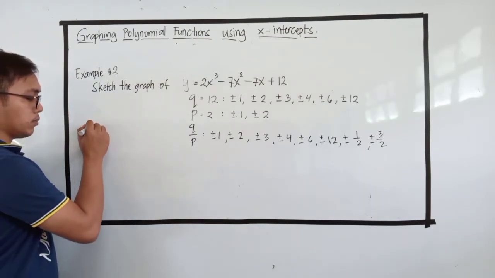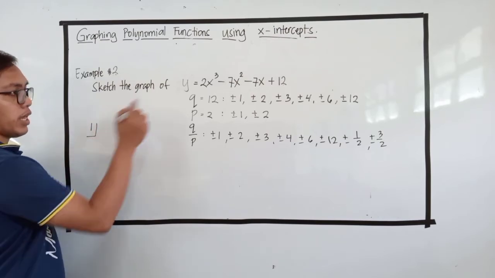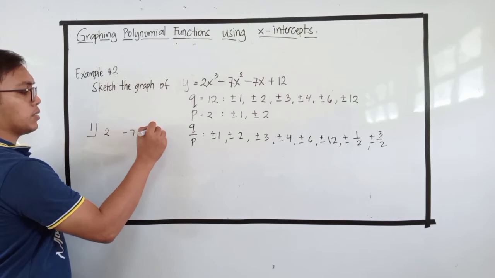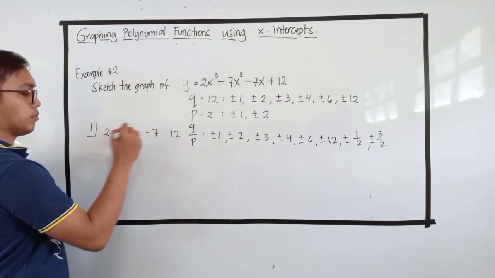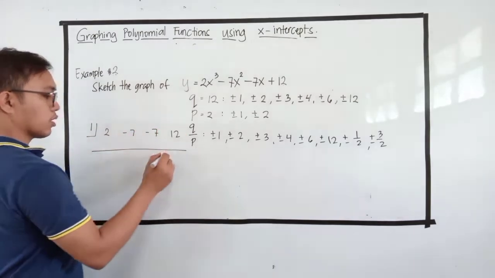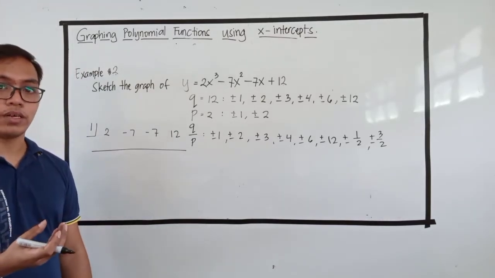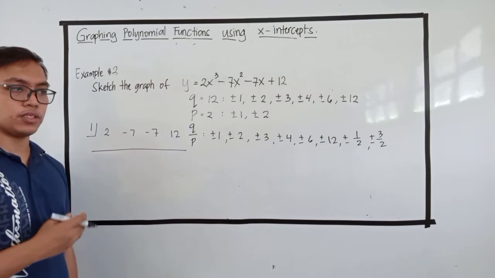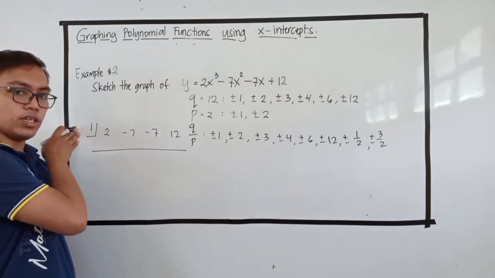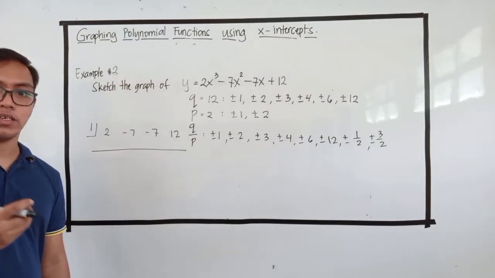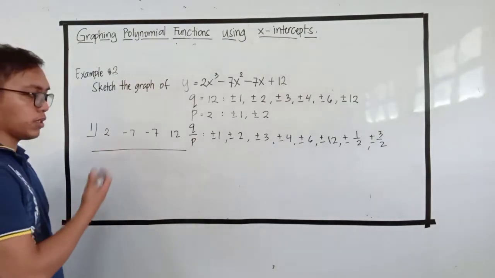So we use 1, and then we line up the coefficients: 2, -7, -7, and 12. Remember, by the remainder theorem, we need to get a 0 for us to tell that this 1 is a root, and perhaps an x-intercept of the given function.